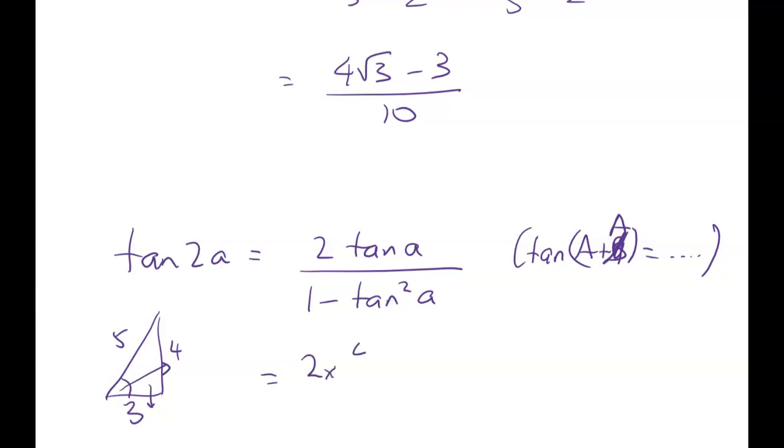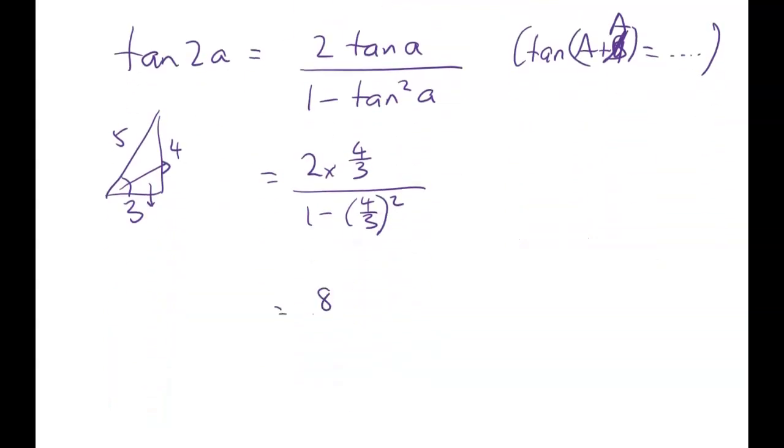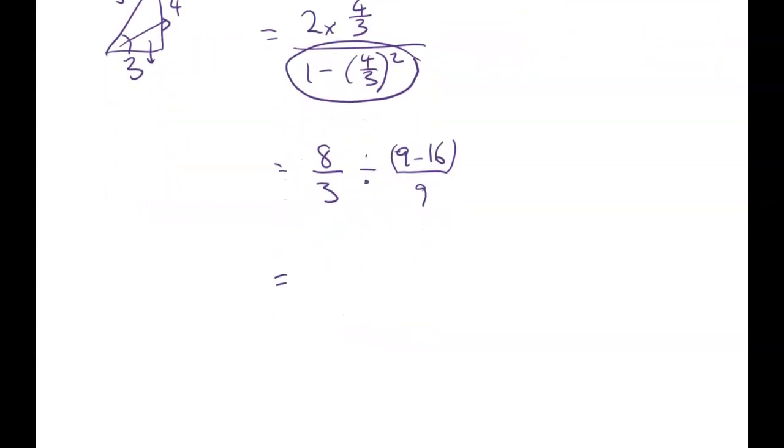So it will be 2 times 4/3 over 1 minus 4/3 squared, which gives me 8/3 divided by, the denominator will give me something over 9, so it'll be 9 minus 16, which equals 8/3 times 9 over negative 7. These simplify, and that gives me negative 24 over 7. So that's tan of 2A.